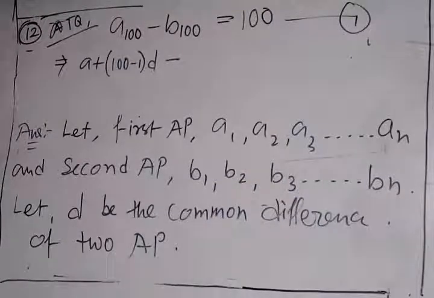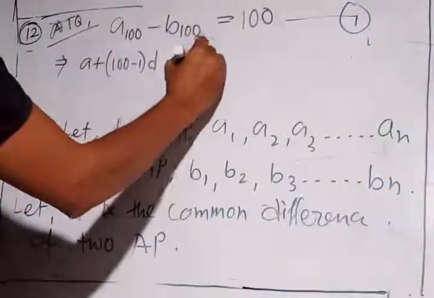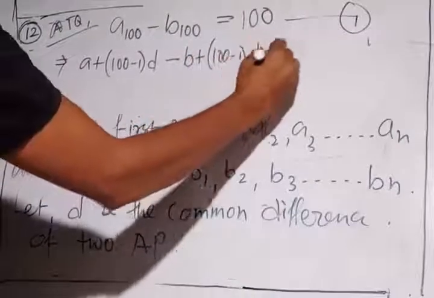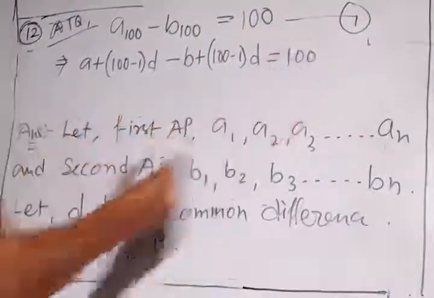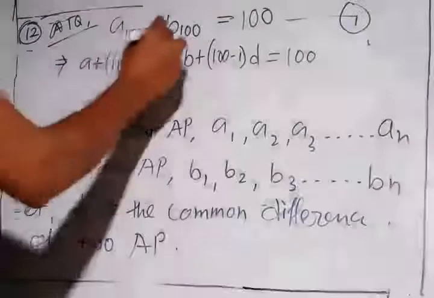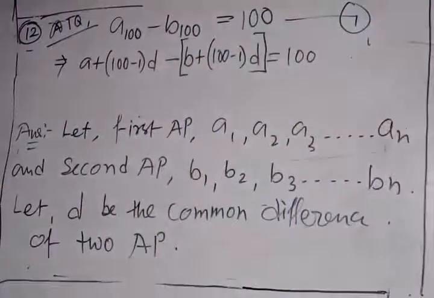B100 is also the same: B plus 100 minus 1 D, because D is the same for both the APs. You have to use a bracket here because the negative sign is there.